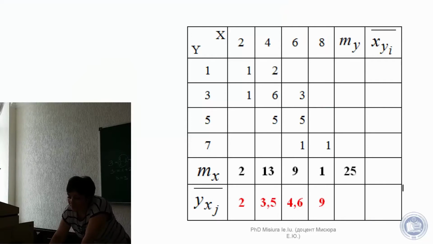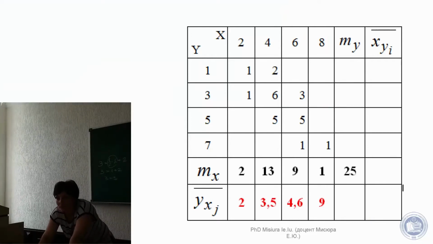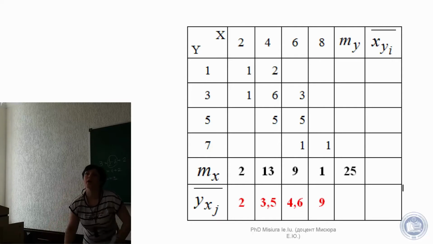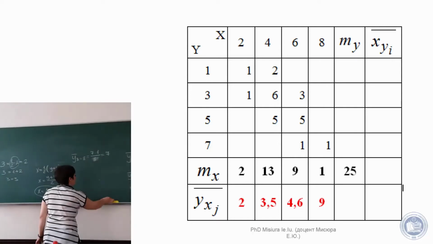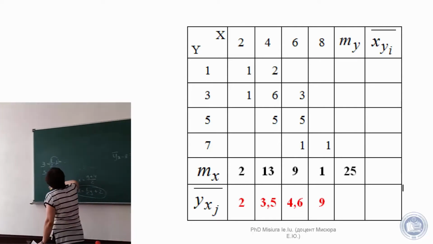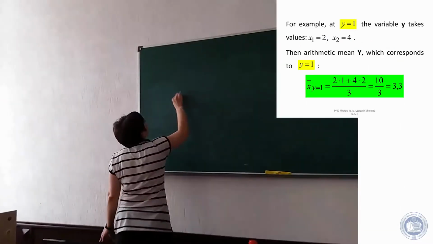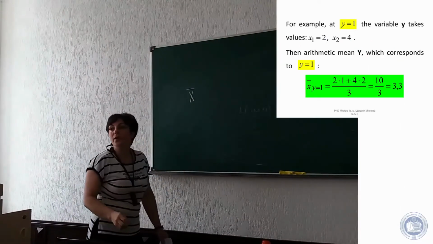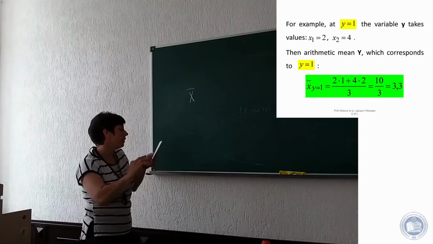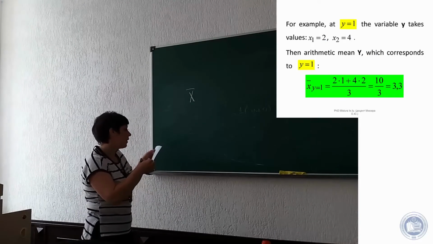Students, how to find conditional values? It means we have dependence between y and x. How to get dependence between x and y? How to find the conditional mean if we take y? Let's find one value. Let's take y equals 1.